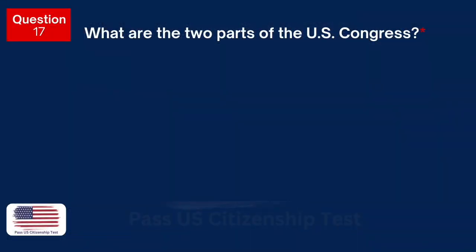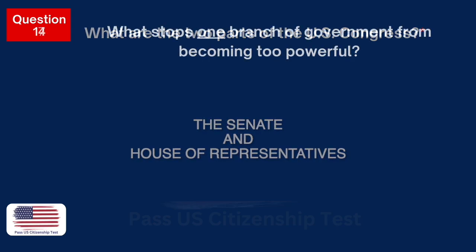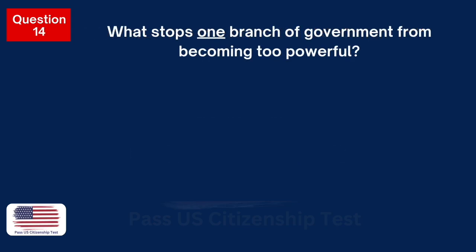What are the two parts of the U.S. Congress? The Senate and House of Representatives. What stops one branch of government from becoming too powerful? Checks and balances.